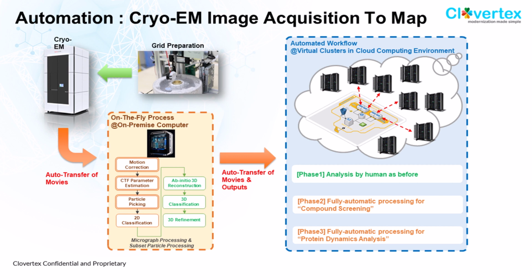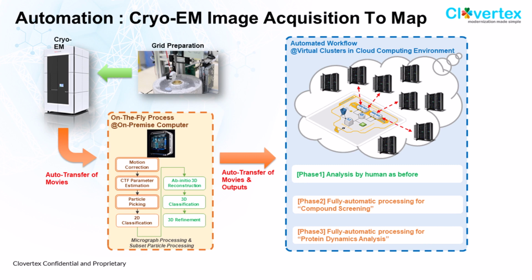electron microscope makers. And what we do is, after the image is acquired, we automatically transfer the movies or the data that we acquired to the so-called on-the-fly process computer, which is on premise. This is a relatively cheap, or not that cheap, but powerful desktop, and we don't need to use a cluster computer for this.